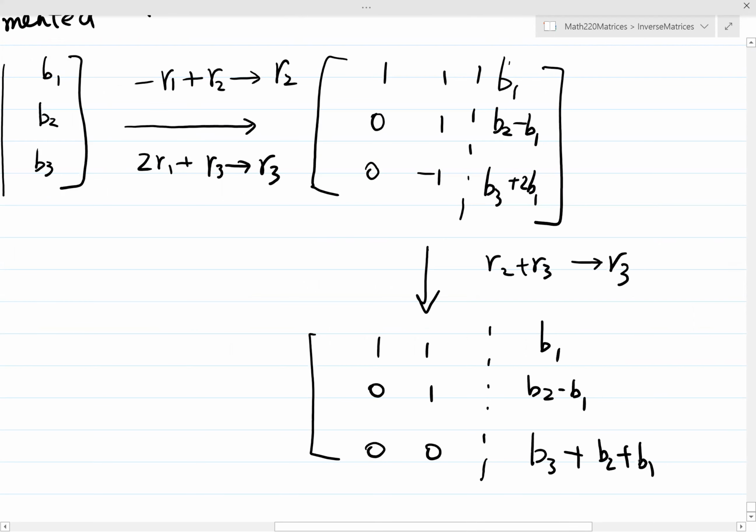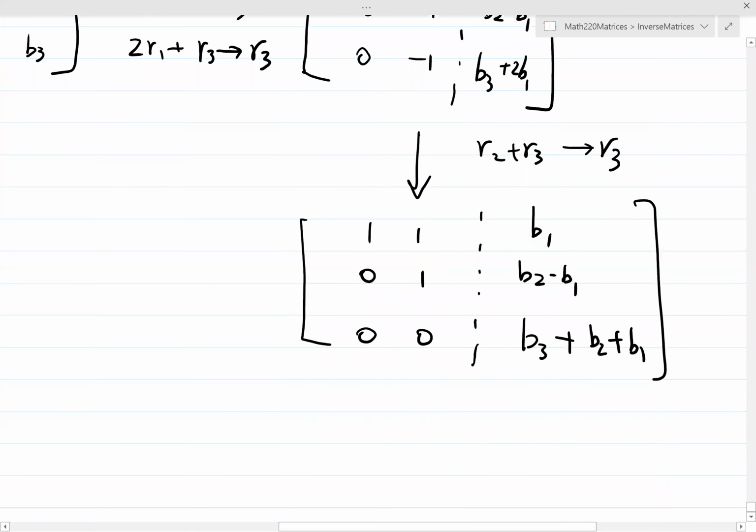Now, the third condition, the third rule tells us that 0x plus 0y, so this is actually 0 equal to b3 plus b2 plus b1, okay?